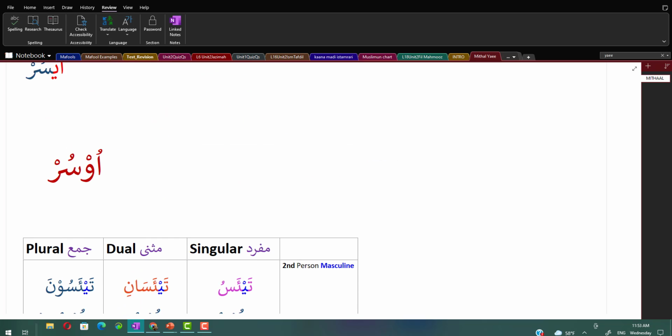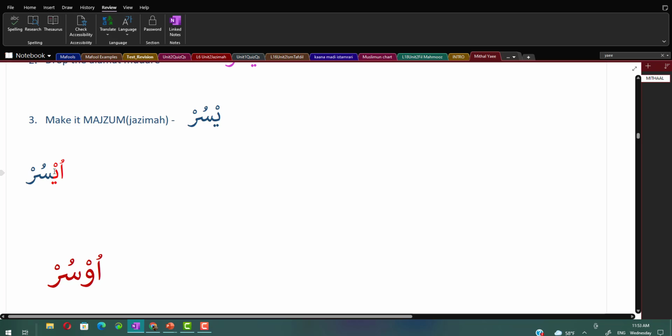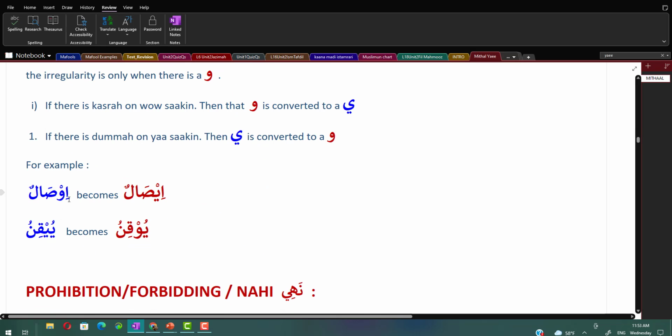Like how uisur, there's a dhamma on the hamza, right? Uisur, then they make it a waw, usur. So for iusalun, it's an iu sound, so they make it smooth, isalun. They convert the waw into a ya. Instead of yuayqinu, they make it smooth, yuqinu. The ya is converted into a waw.